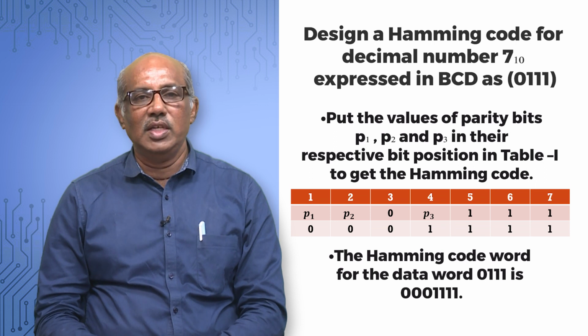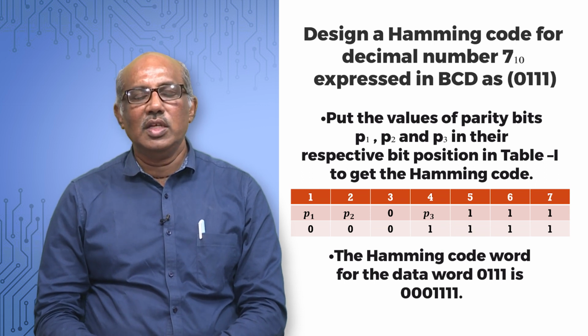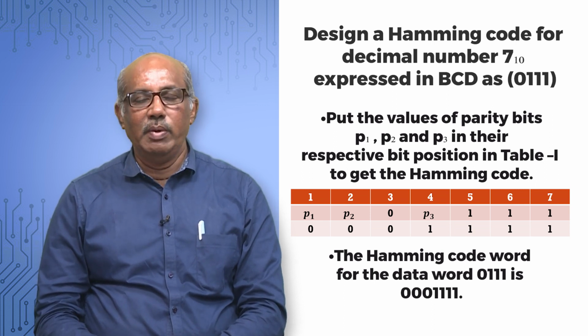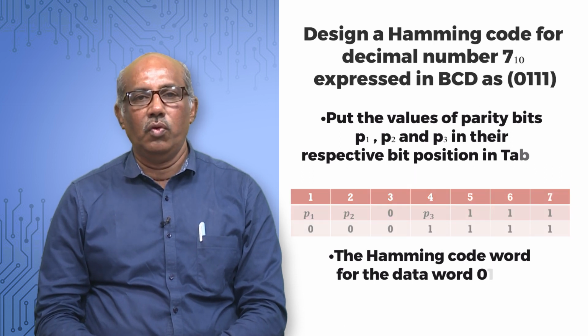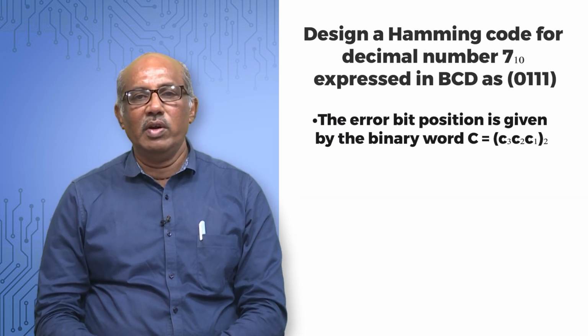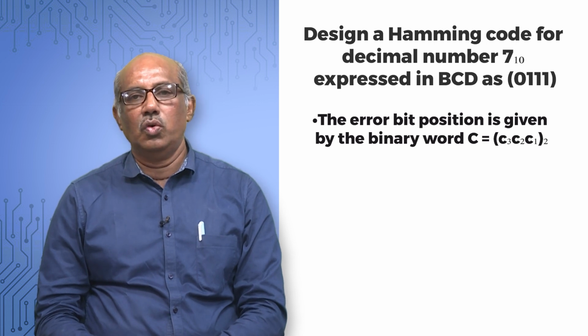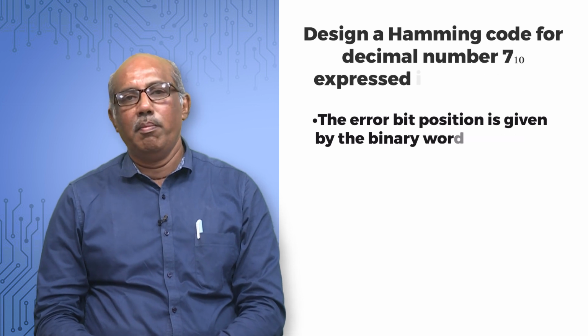Similarly, the check bit C3 is equal to 4 exclusive OR 5 exclusive OR 6 exclusive OR 7. This exclusive OR we have got by following the rules in the previous tables. So, 4, that is the parity bit P3, exclusive OR the position 5 occupied by the data bit D2, then 6, that is D3, and 7, D4. The error bit position is given by the binary word C equal to C3, C2, C1 represented in binary.